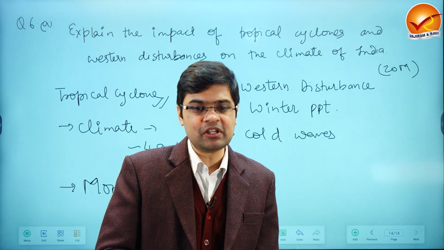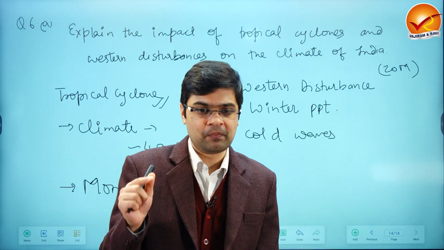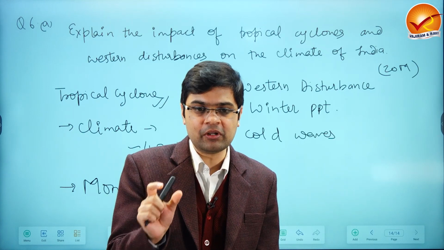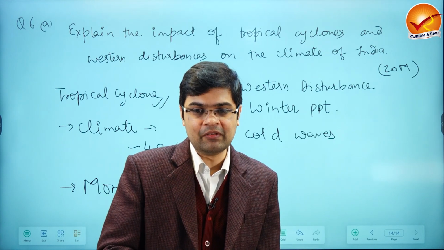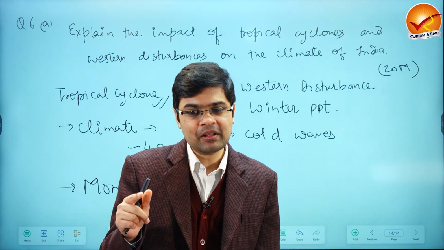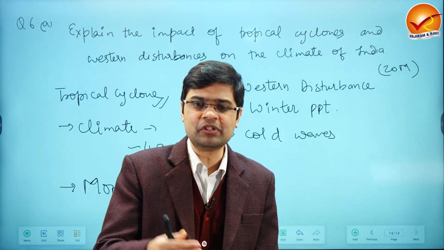If the temperature variation is between minus 4.5 degrees to minus 6.4 degrees compared to the normal temperature of that area in that particular time period, then it will be a cold wave. If the temperature variation is more than minus 6.5 degrees, then it will be a severe cold wave. Okay, you can check the definition on the IMD website.